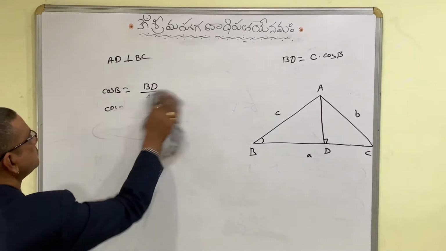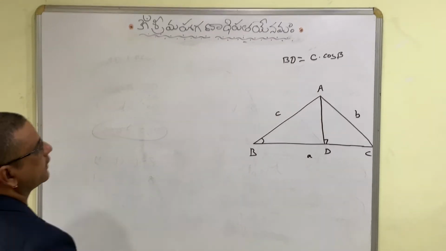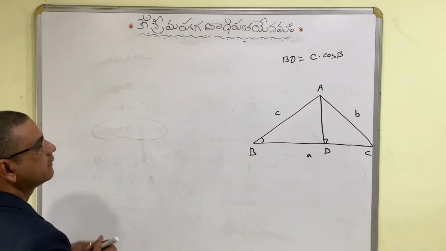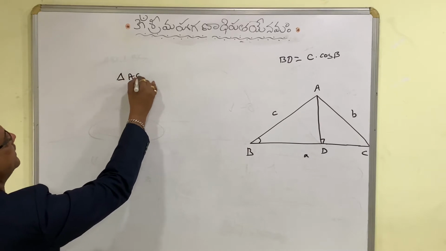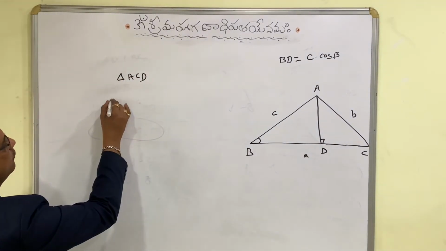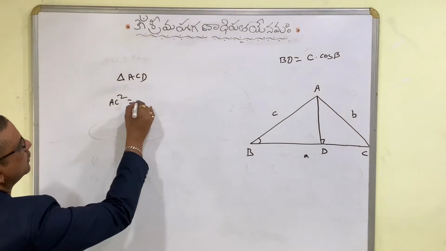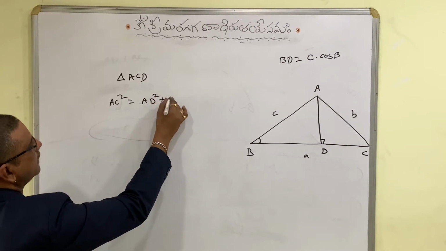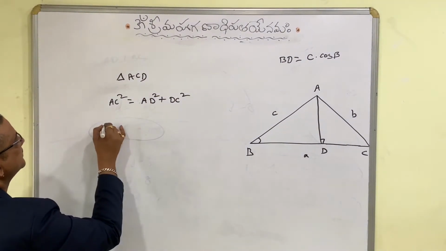Now consider triangle ACD. In that triangle, AC square is equal to AD square plus DC square.